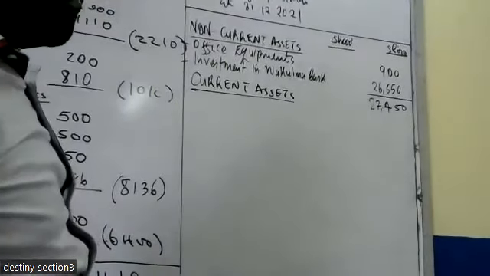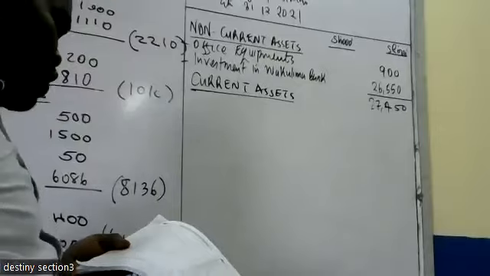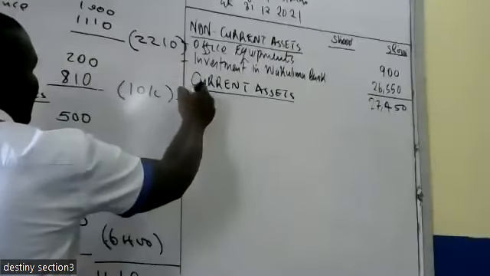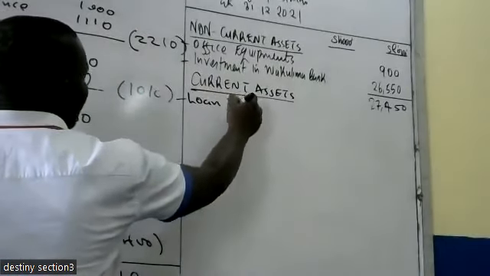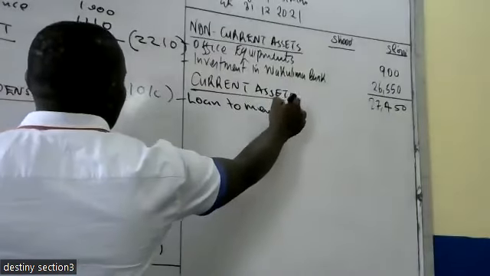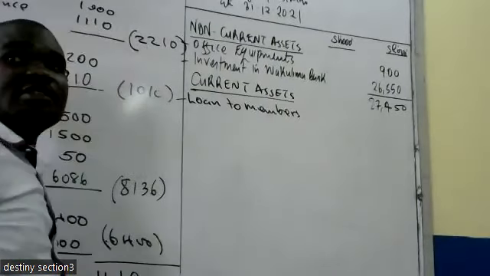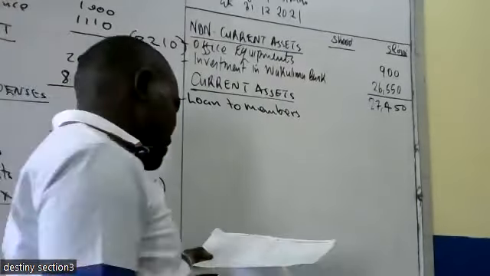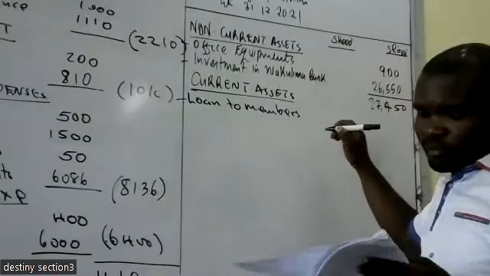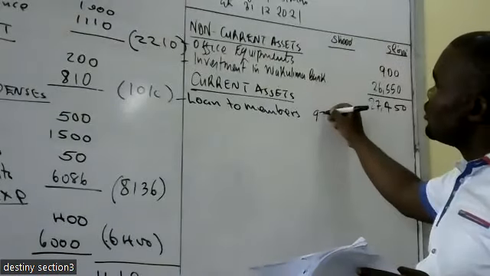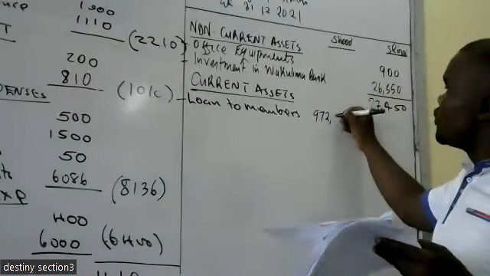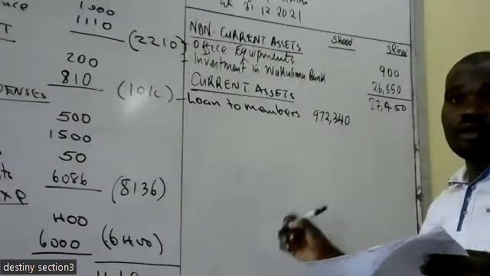From top, cash in hand, members. Loan to members. 972, first column. 972, 340.